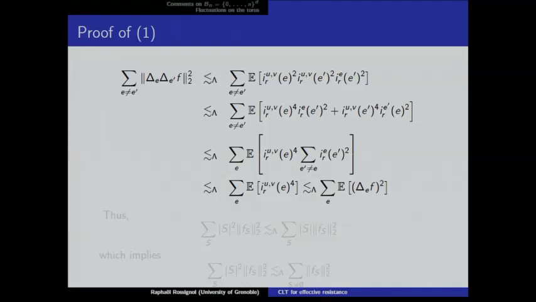But it is always less than the resistance between E minus and E plus, because I can always take a flow which goes directly from E minus to E plus by putting 1 on this edge and 0 elsewhere. So this is upper bounded, and this only depends on lambda.